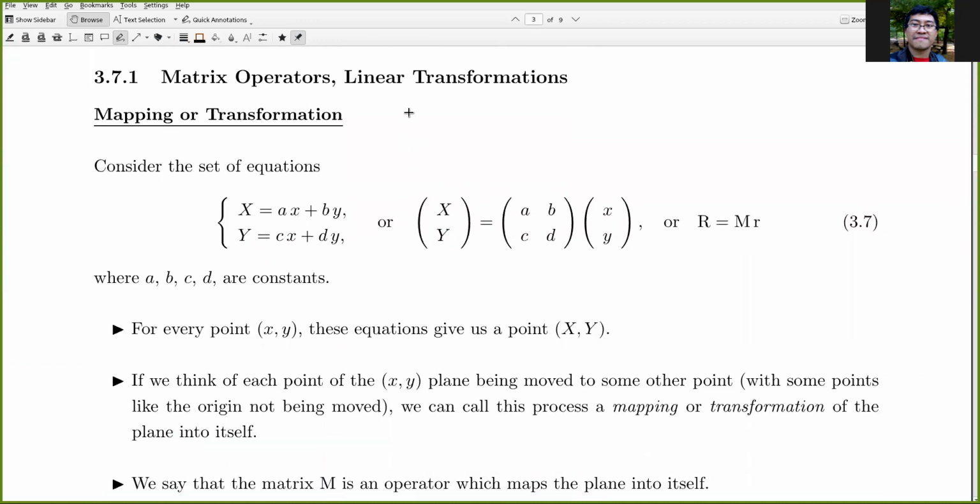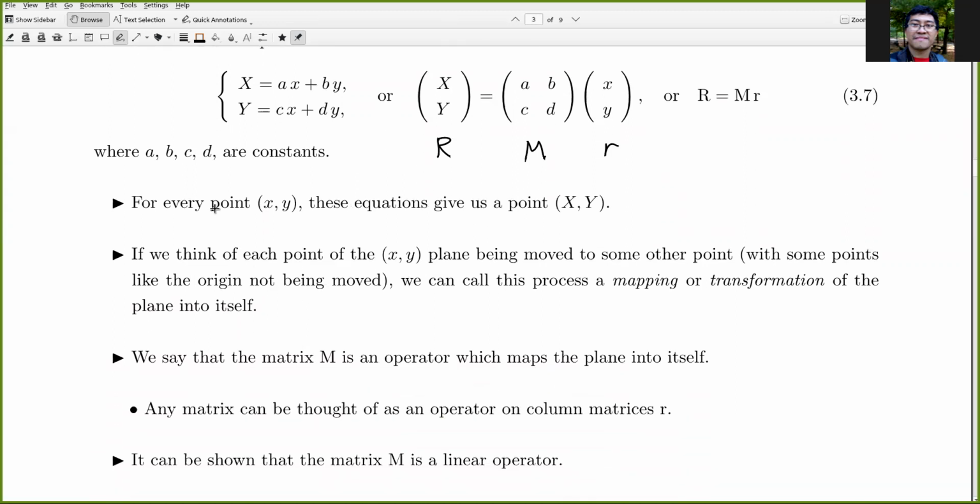Let's consider matrices. If you consider this set of equations, which we can compactly write as (X, Y) equals this matrix M times the column matrix (x, y), or we can call this R. For every point (x, y), these equations give us a point (X, Y). If (x, y) are points in a plane, we are moving each to some other point in the same plane, so we call it a mapping or transformation of the plane into itself.